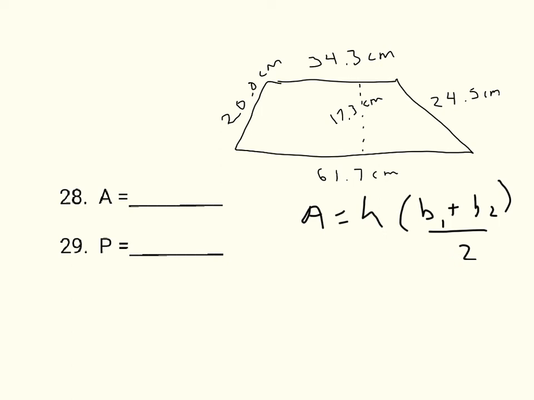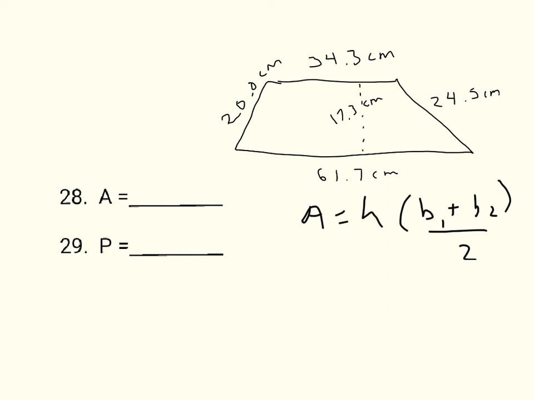But what is the height here? Is it 20 or 24.5 or 17.3? It's the shortest distance between the segment of 61.7 and the 34.3. So it's this distance right here. So to sum it up, you'll do 61.7 plus 34.3, get that total, divide it by 2, and multiply it by 17.3.